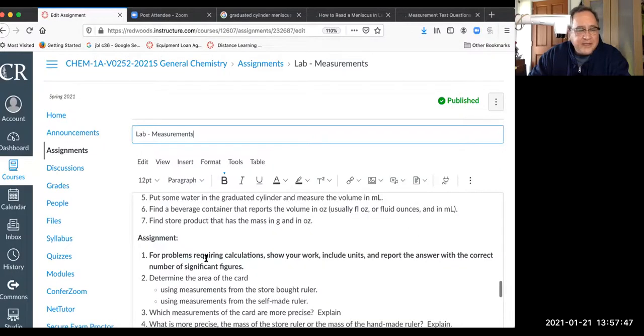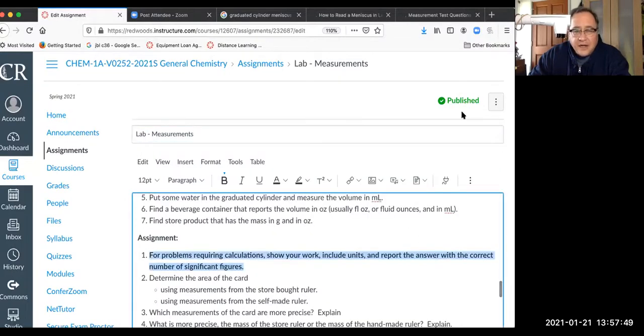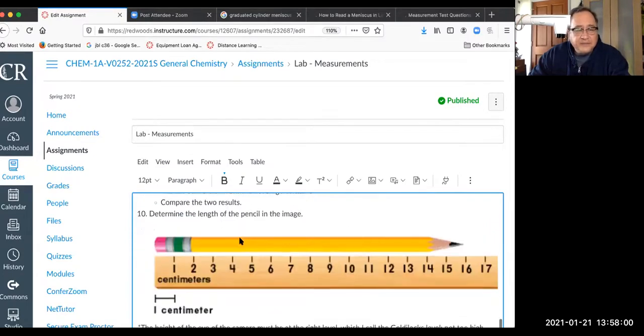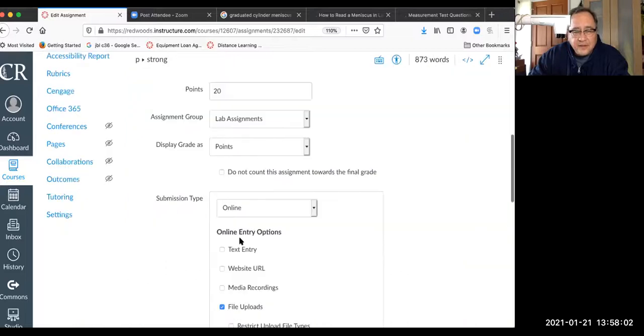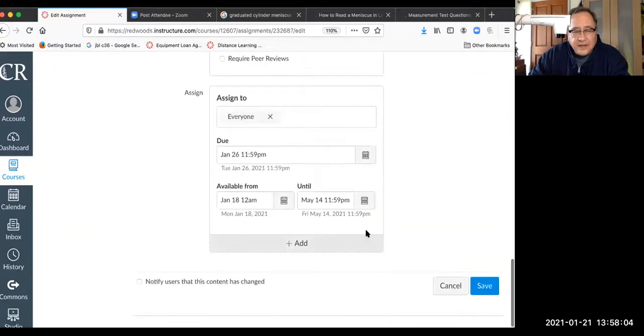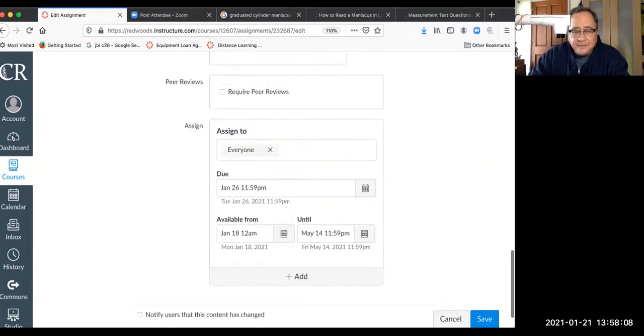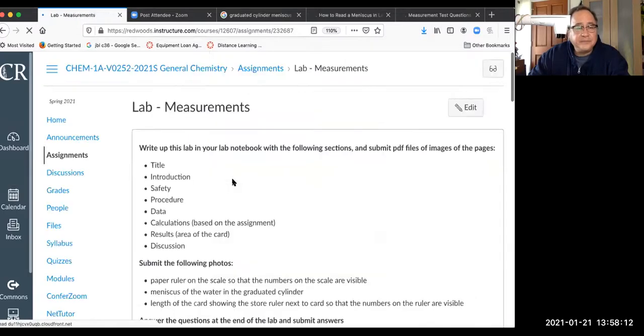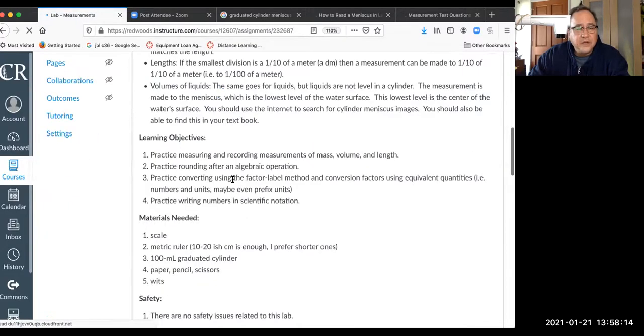I want to take this and change it from a bullet to non-bulleted. And then we're going to go down here. And I'm going to save it.